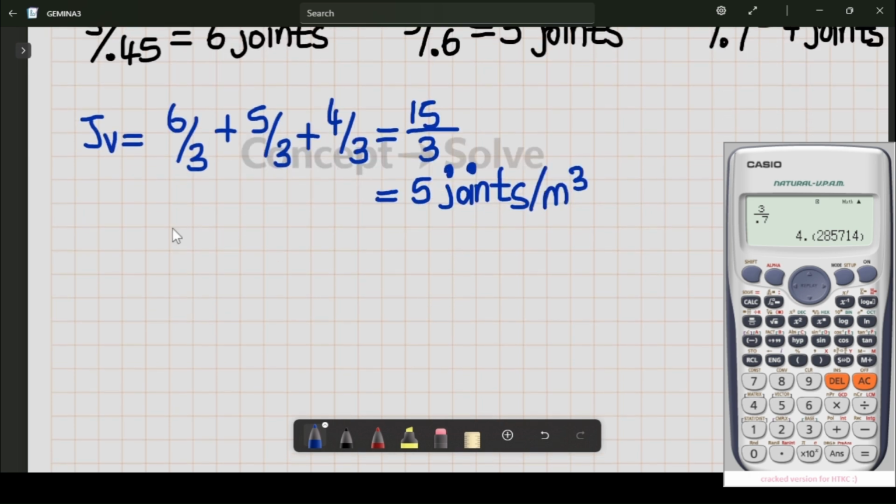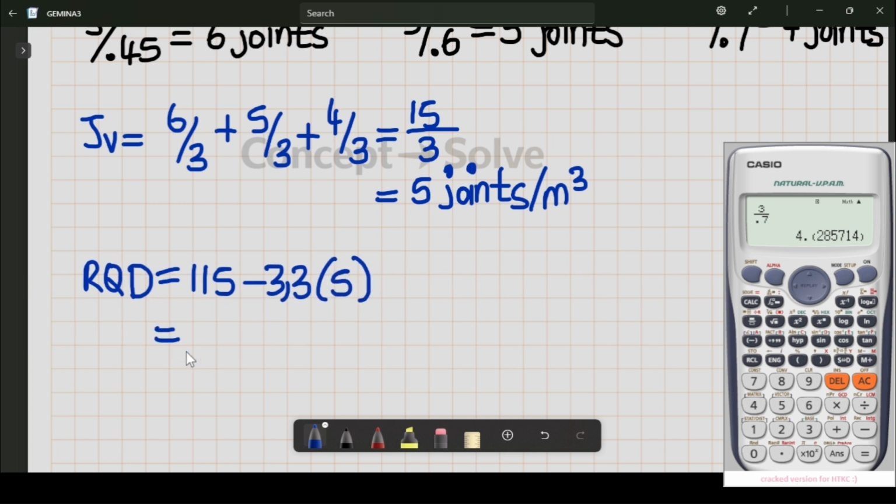So now we can calculate RQD. Substituting into the formula, we get RQD equals 115 minus 3.3 times 5, and we get 98.5%, and we are done.